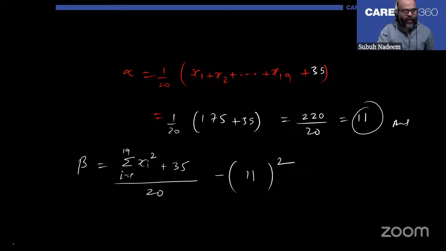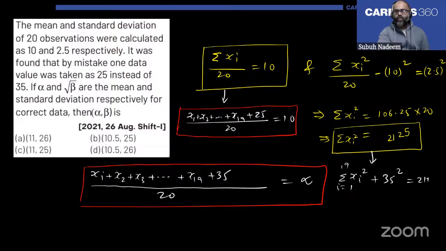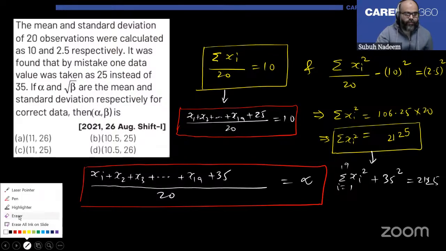Sigma of xi square for the 20 observations is 2125. So you can write it as sigma of xi square, i equal to 1 to 19, plus the correct 20th value 35, so 35 square, is equal to 2125.